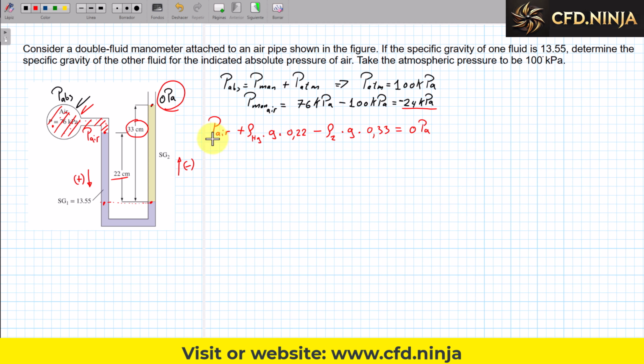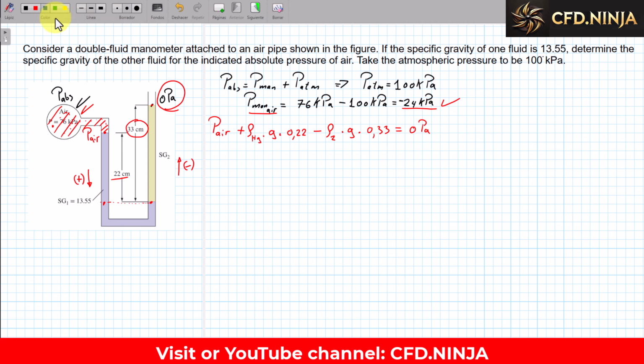Very well, now this air pressure, which is the gauge pressure we already calculated previously, which is minus 24 kPa, we are simply going to replace. Here it would be minus 24 kPa plus the density of mercury.